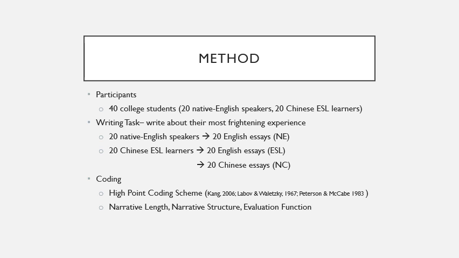So basically, all of the writings were coded based on three general categories. First one is narrative length, second, narrative structure, and the third, evaluation function. The findings of the study will be also reported based on these three categories.